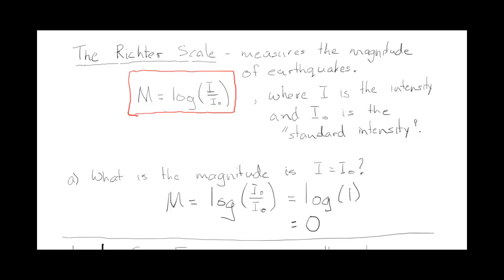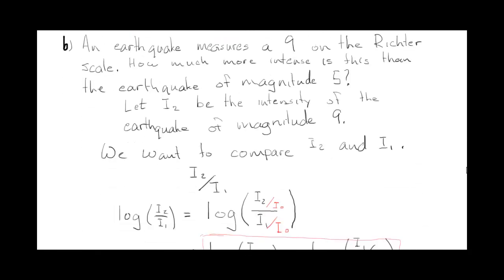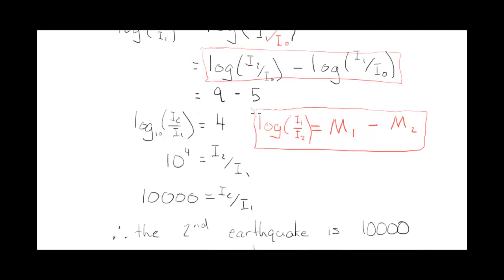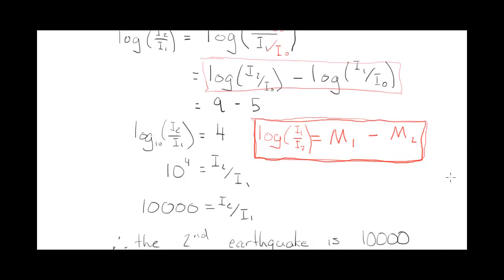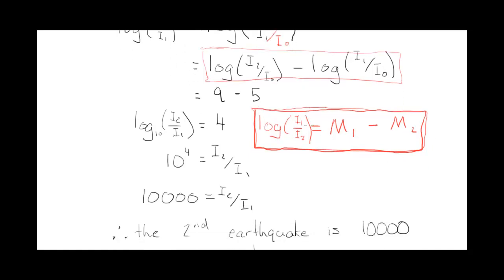If you want to compare the intensity of two earthquakes, an earthquake 1 and an earthquake 2, you can use this equation, which we get from that initial equation by using some log laws, but sometimes it helps to just start straight with this one. We'll see that in the next type of scale as well.